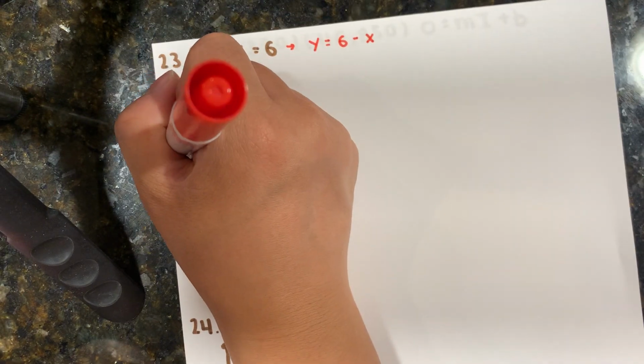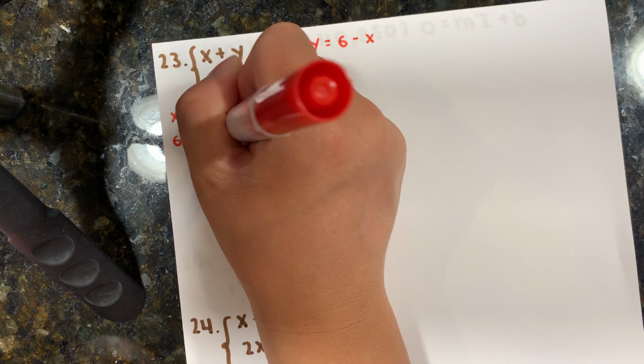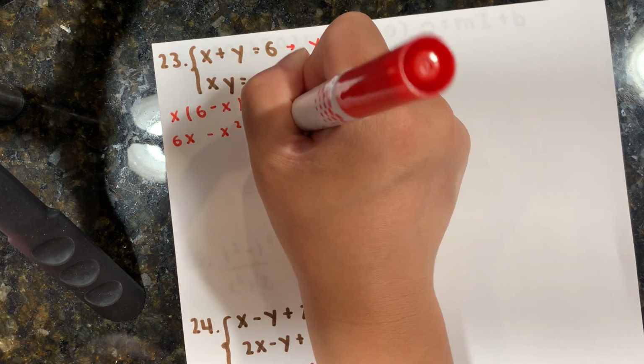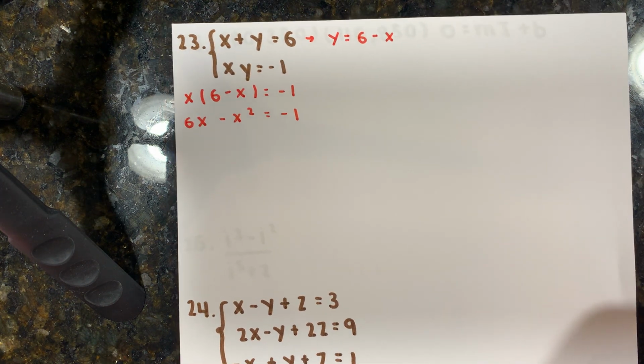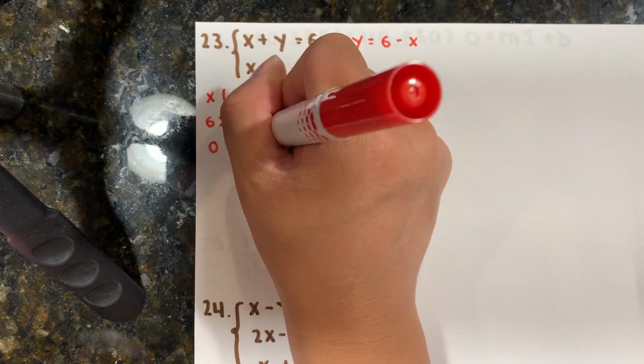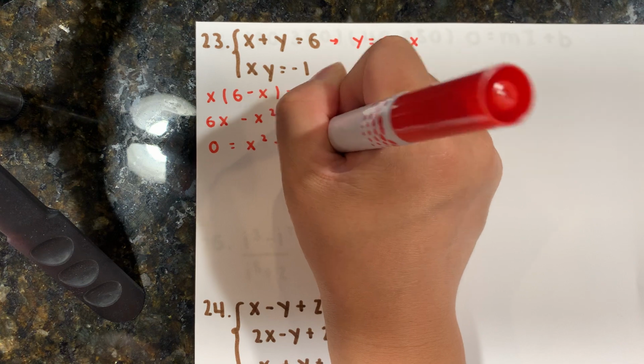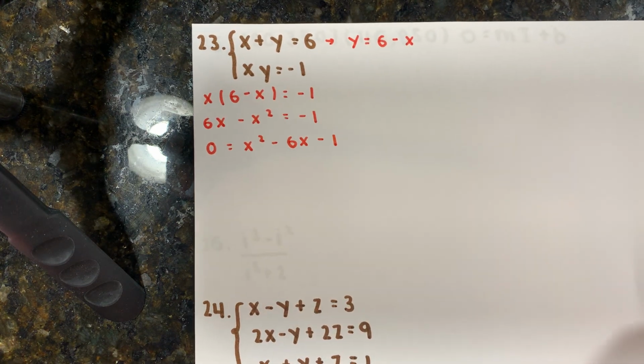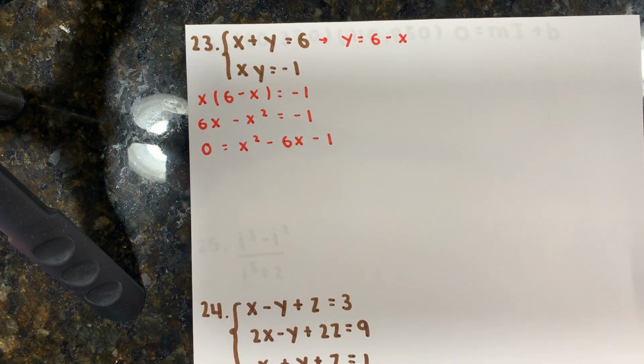When I multiply that out, I'm going to get 6x minus x squared equals negative 1. So if I move everything over to the right-hand side, I would have 0 equals x squared minus 6x minus 1.